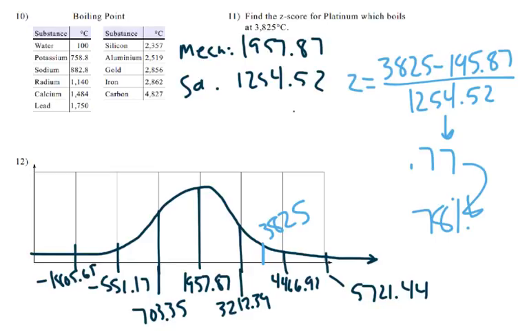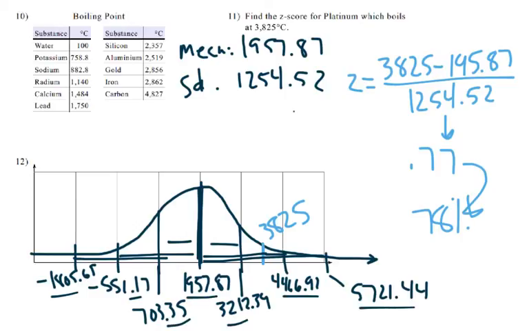Alrighty, so if we look at this one, we've got our mean, 1,957.87, standard deviation, 1,254.52. Okay, so we put our mean in the middle, right? Then one standard deviation away, which is 68%, two standard deviations away, 95%, and 3. Okay, and there's all the intervals for the numbers of that.